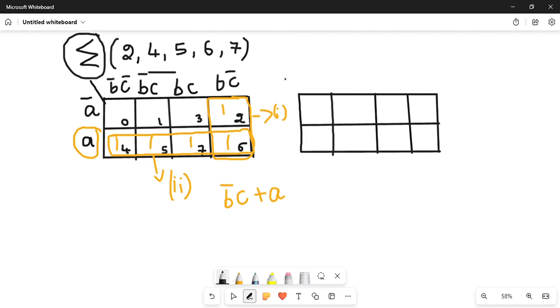So here you write it as A, because here A is equal to 0 and A bar is equal to 1 in the case of product of sum, right?